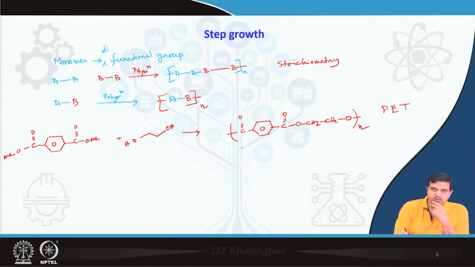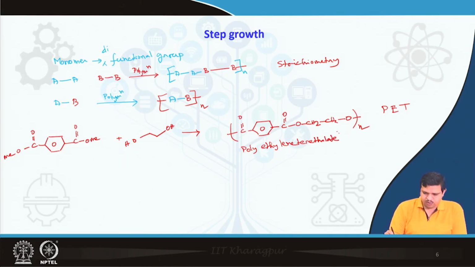Polyethylene terephthalate. So, this is the polymer widely used and synthesized following the step growth polymerization of these two monomers.